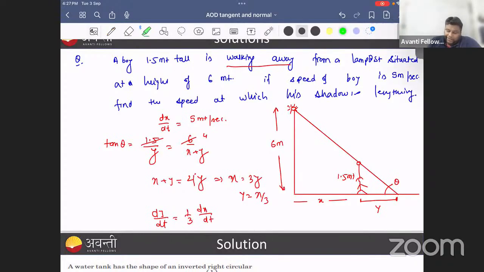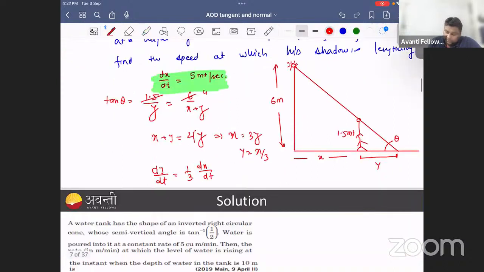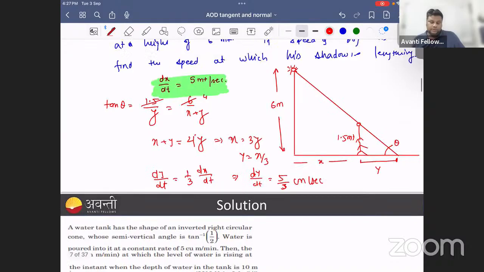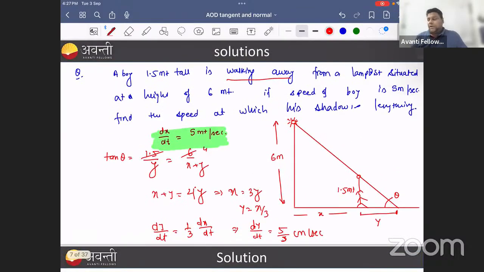Now, value of dx by dt is what? 5 meter per second. So from there, dy by dt is 5 by 3 meter per second. Got it? Again, a very important question from a JEE point of view.